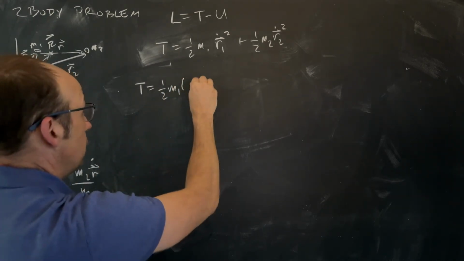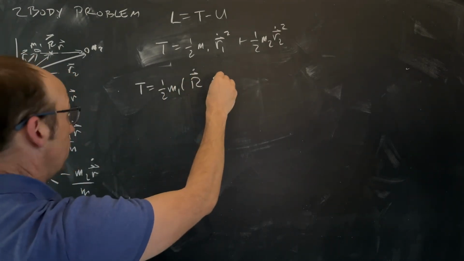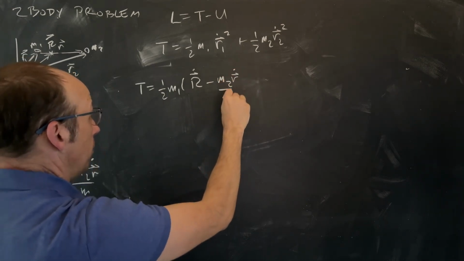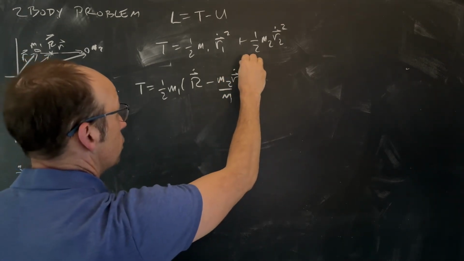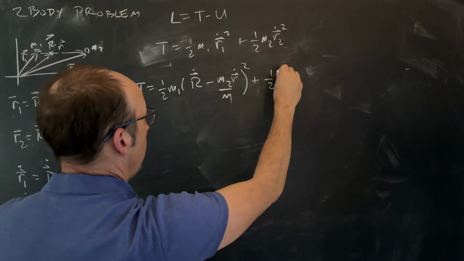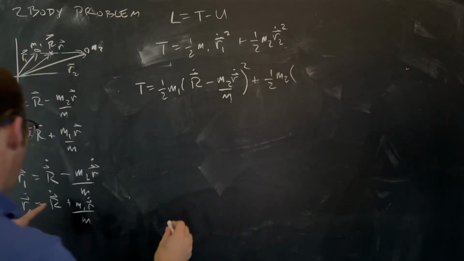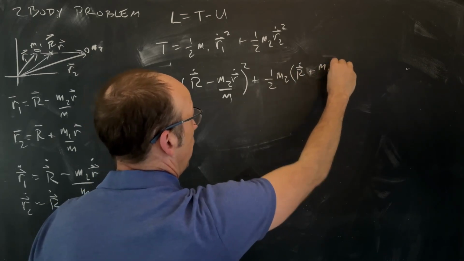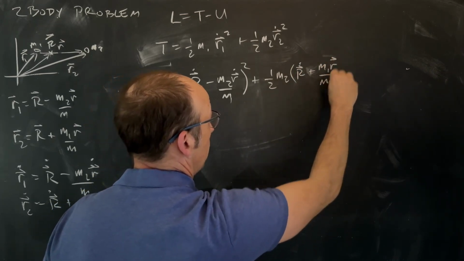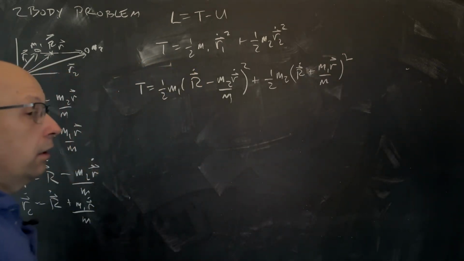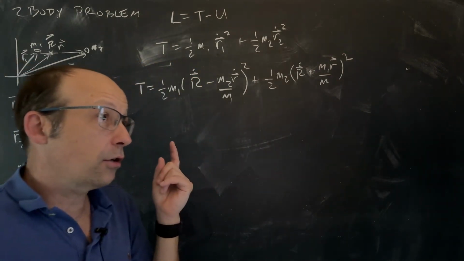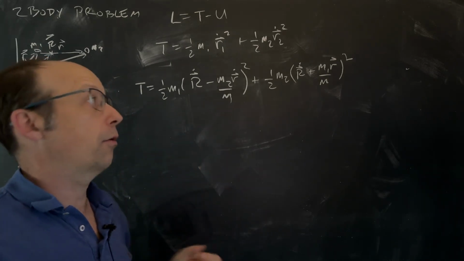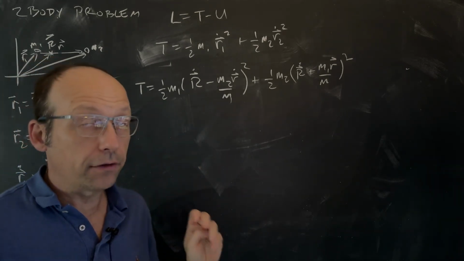So I'm going to write that as R dot minus m2 r dot over m, squared, plus 1/2 m2, and then I have R dot plus m1 r dot over m, squared. So I wrote the kinetic energy in terms of, instead of r1 and r2, capital R, the location of the center of mass, and r, the relative position.